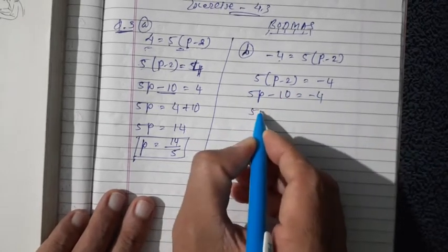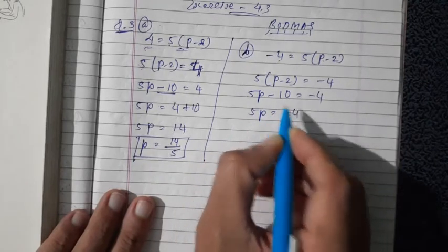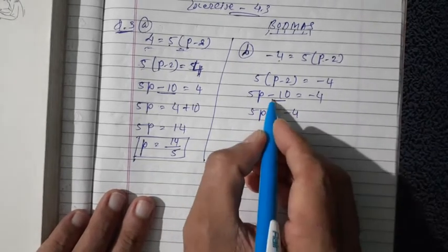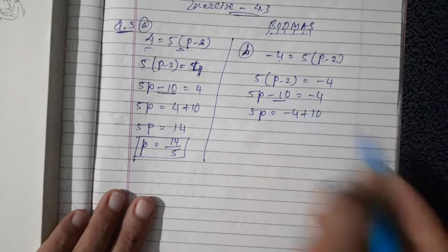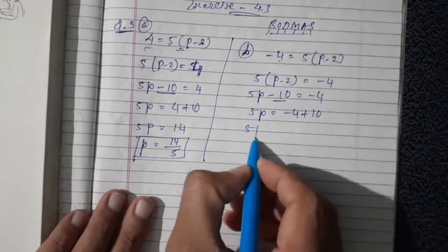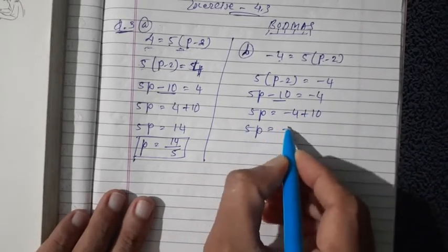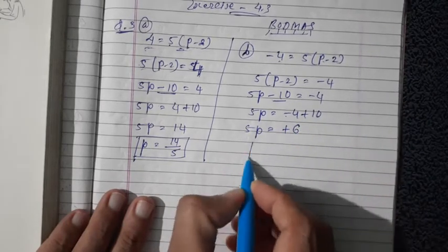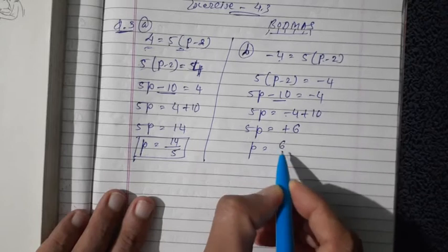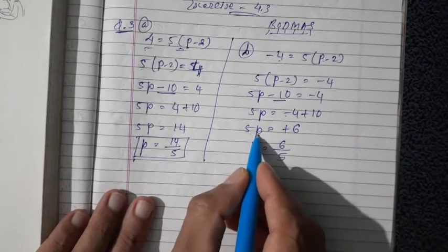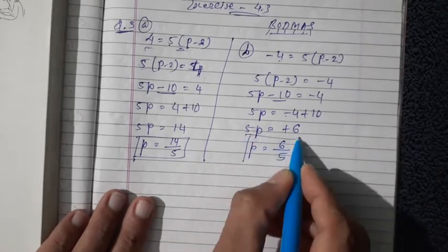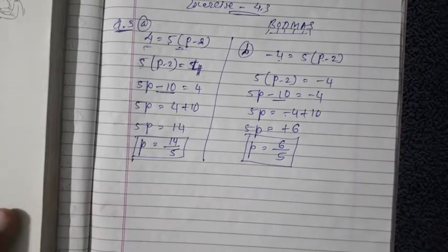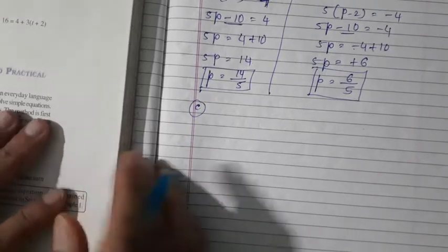So 5P = −4 + 10, since minus 10 changes and is converted into plus 10. Here the sign of the bigger number is plus: 10 − 4 is 6. So 5P = 6, and P = 6/5. 5 is in multiplication, we change the side, and it is converted into division. That's your answer.